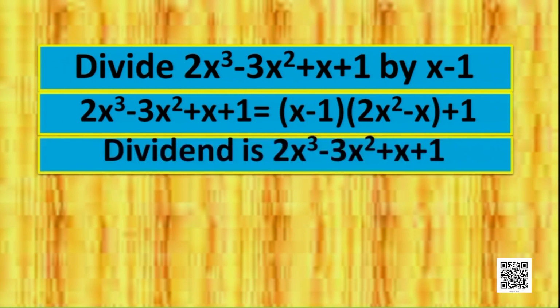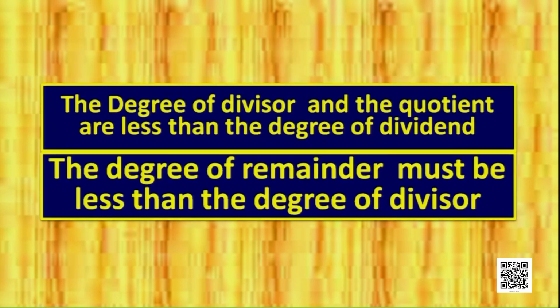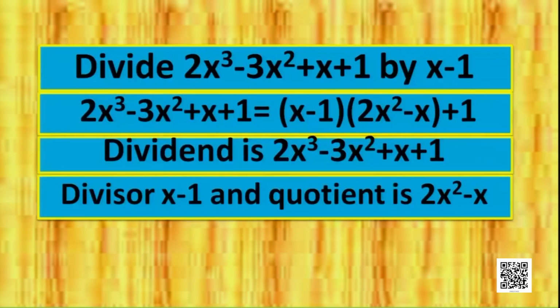So here, as you understand, the dividend 2x cube minus 3x square plus x plus 1 is of degree 3, the divisor is x minus 1, and the quotient is 2x square minus x. Let's try to understand their degrees.